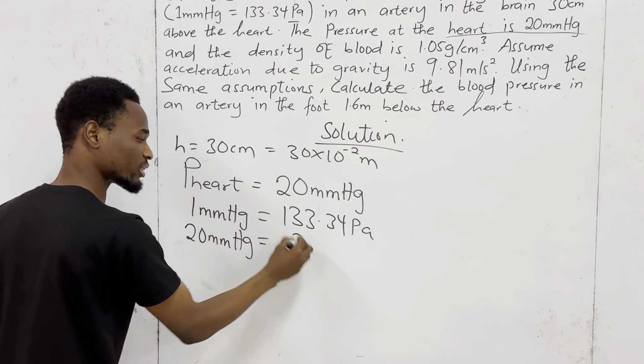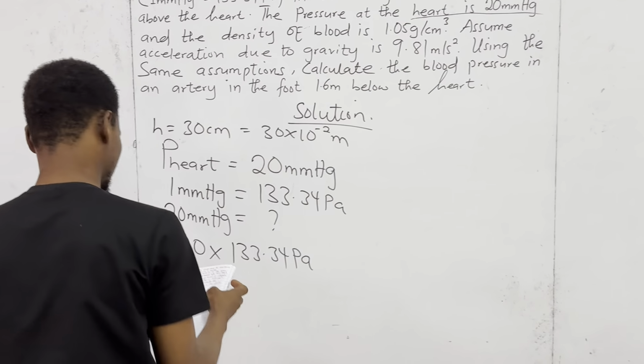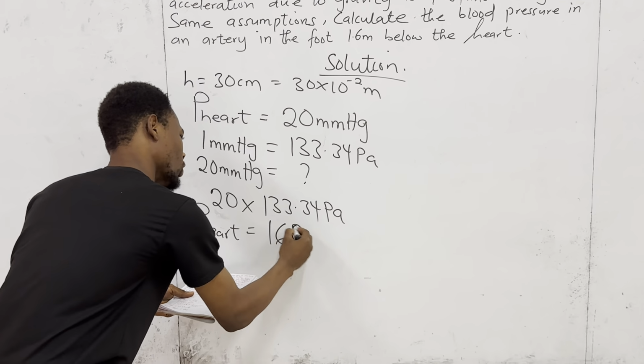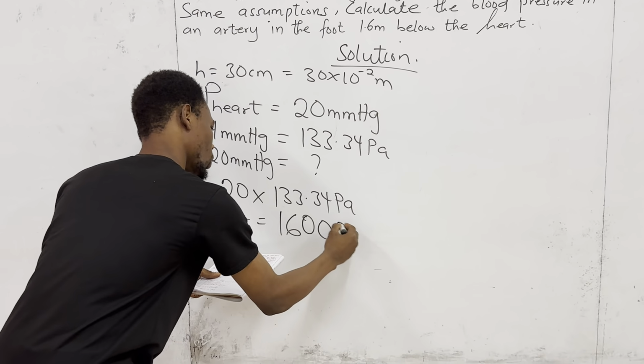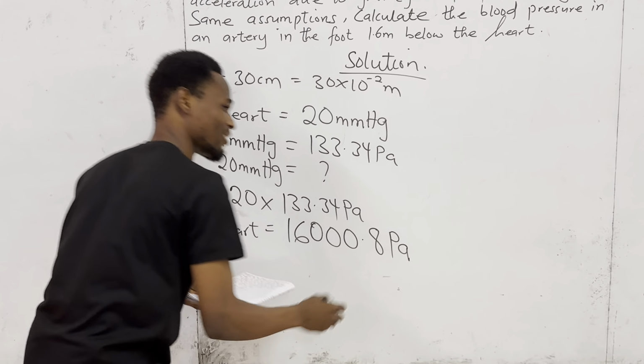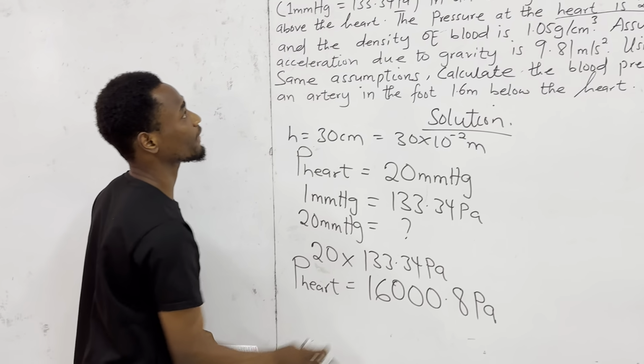Therefore, the pressure of the heart in Pascal gives us 2,666.8 Pascal. Alright, so this is it.